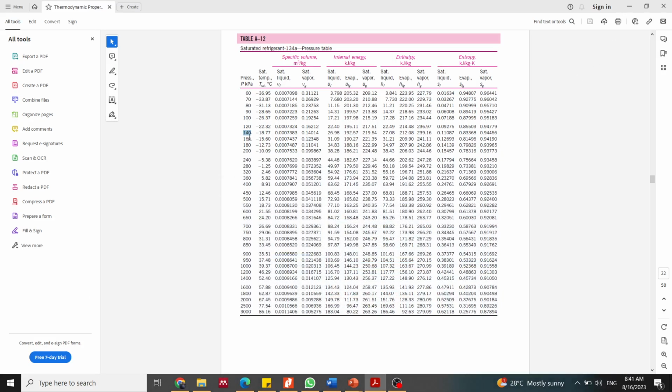So we are looking at the 140 value right here, and this is the line we are interested in. You can see the Hg value is 239.16, right?